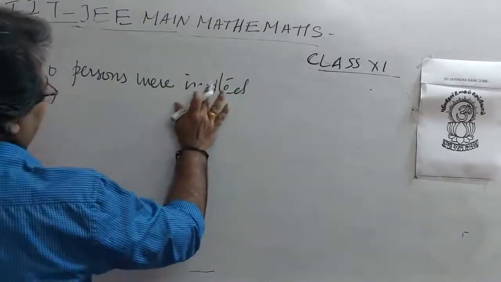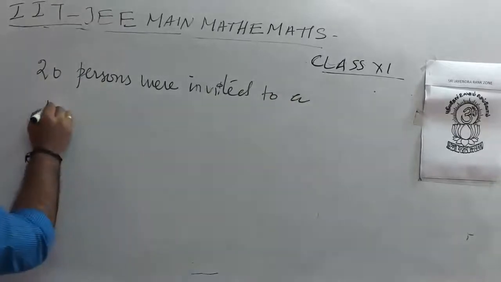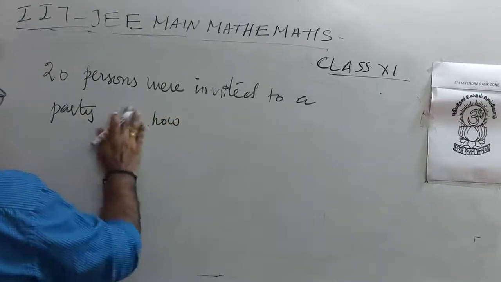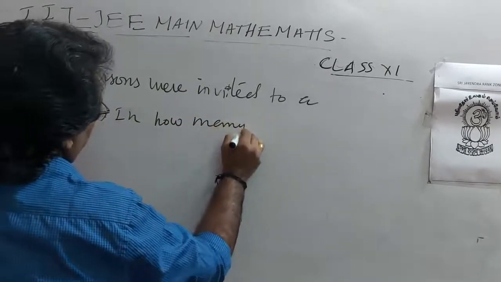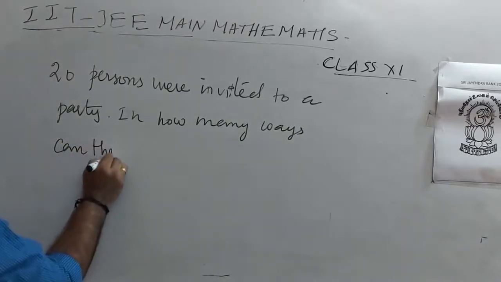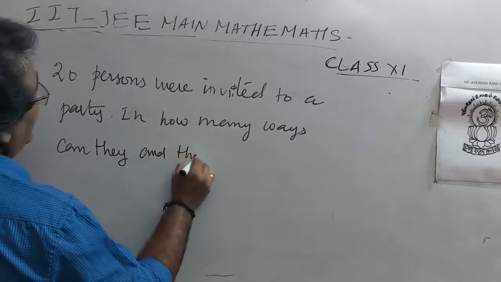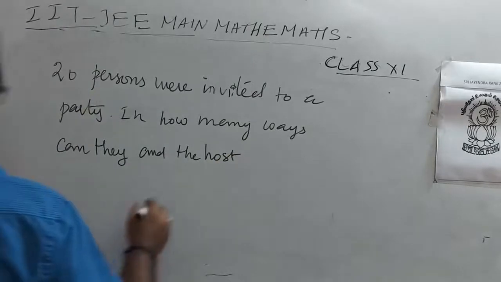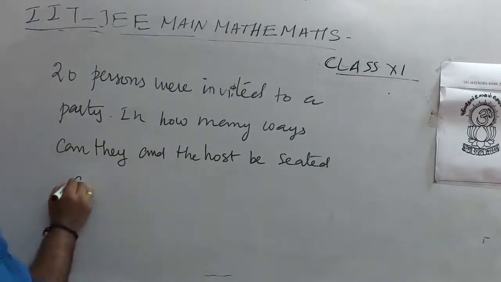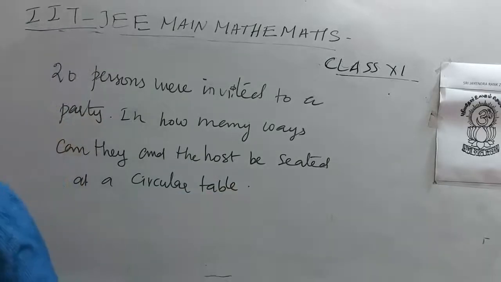Twenty persons were invited to a party. In how many ways can they and the host be seated at a circular table?